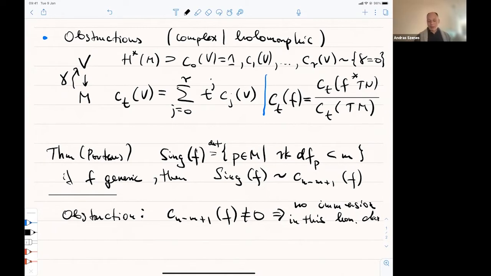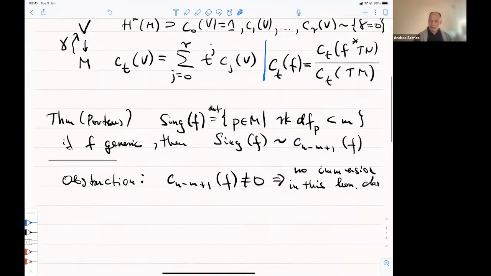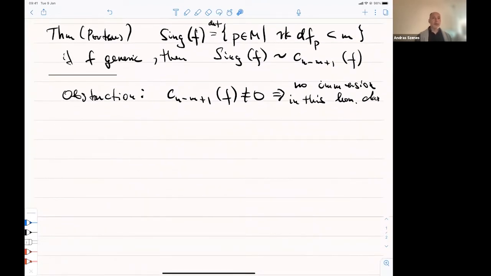So in particular, this Sing F, this space, is stratified in a very complex manner, and I'll now describe this stratification. There are many ways of classifying singularities of maps, and I'll just introduce a particular one, which turns out to be probably the best way of looking at this. It's not the finest classification.